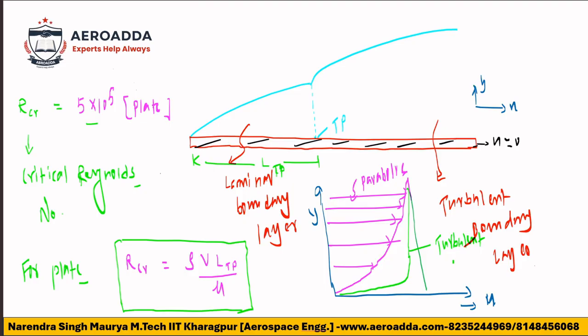As I have told you, first, we have the boundary layer thickness, denoted by delta.